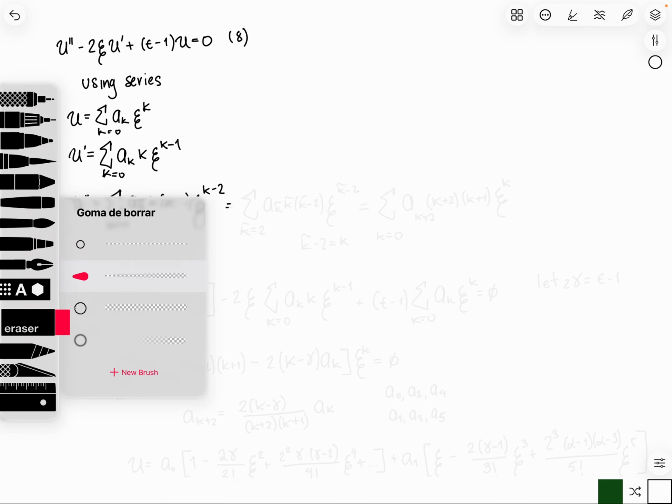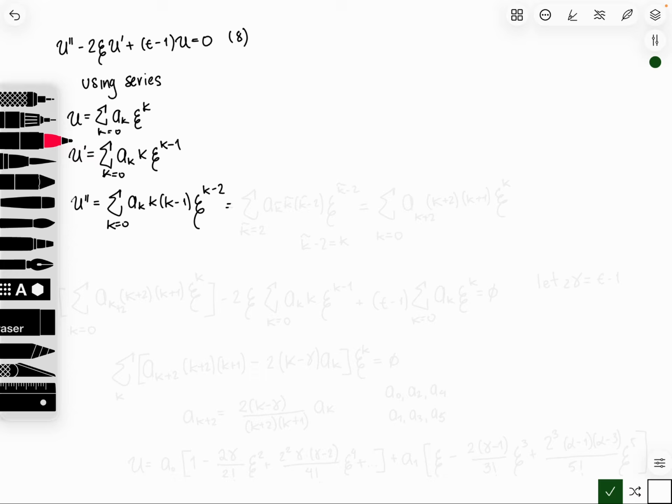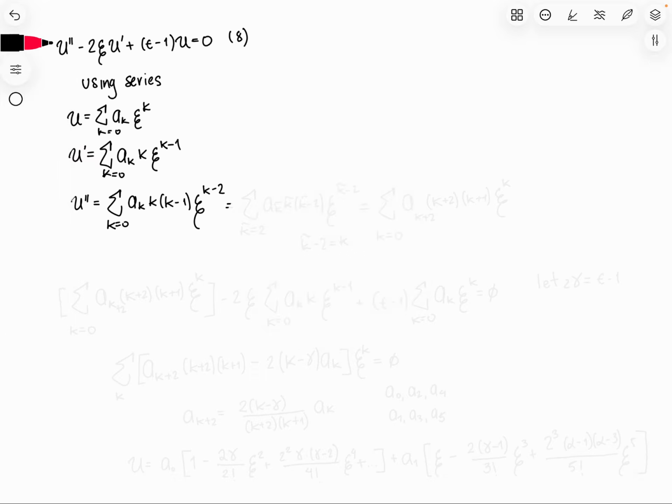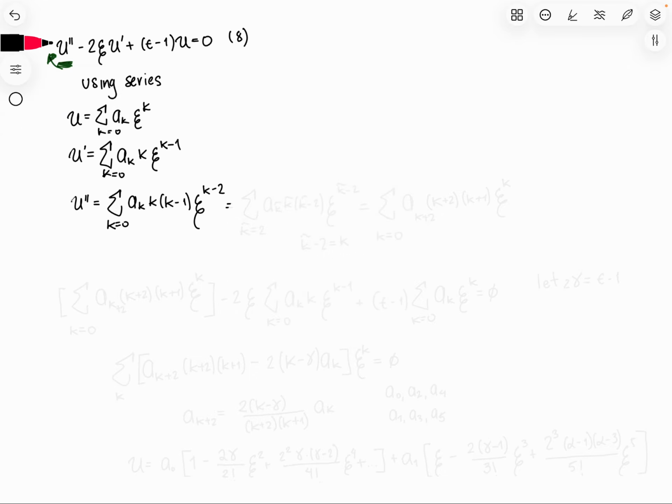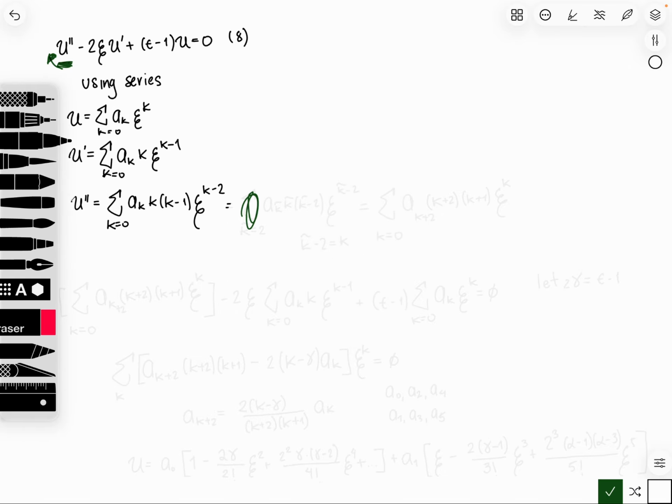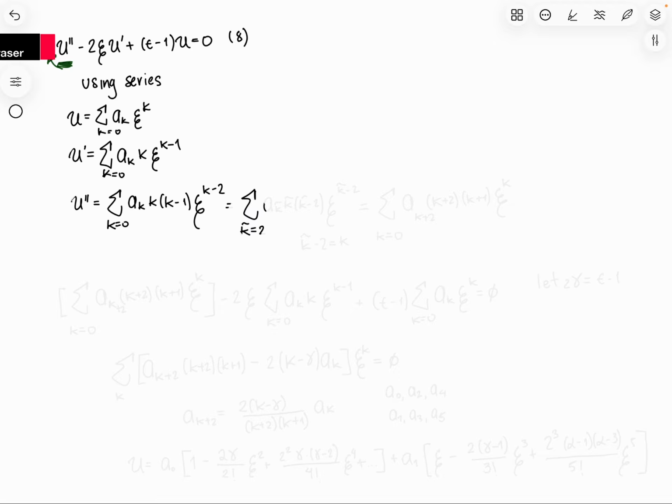And you can guess the expression that you need for each of these terms. Here in the equation, you just have the second derivative, and it is alone. Therefore, you need to fix it because there is no variable that will multiply this exponent. So what I did is to change the index of the sum, which is a variable that can be named as we want.